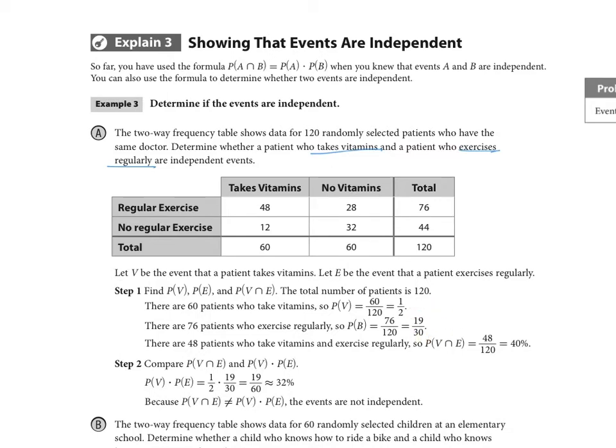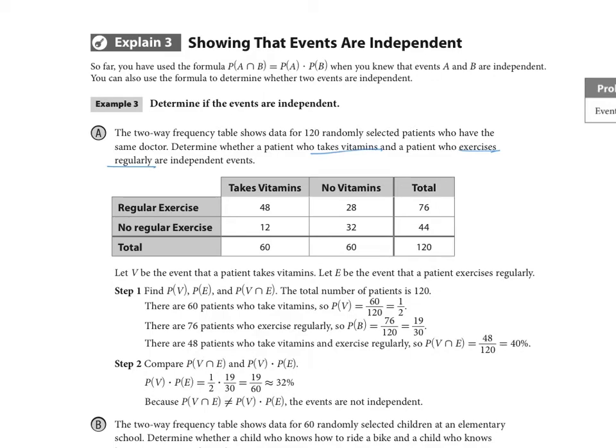We get 19 out of 30. Then there are 48 patients who fall into both categories, regular exercise and taking vitamins. That is 48 out of the grand total of 120 in that two-way frequency table, and that is 40%.